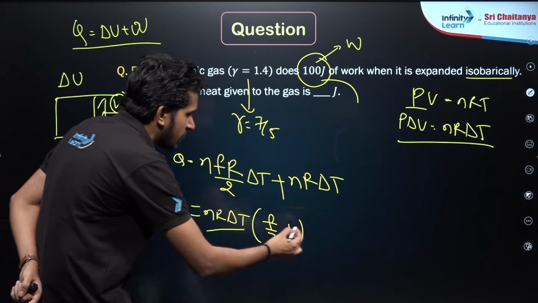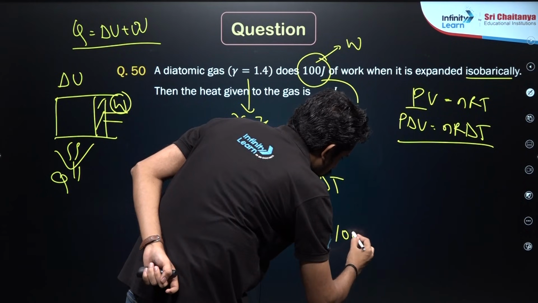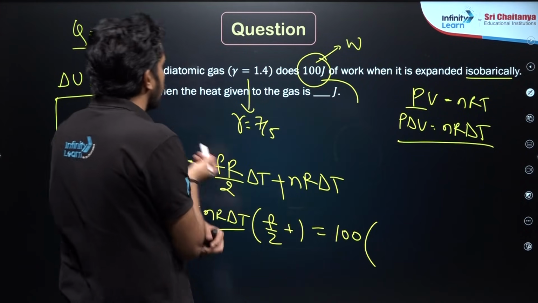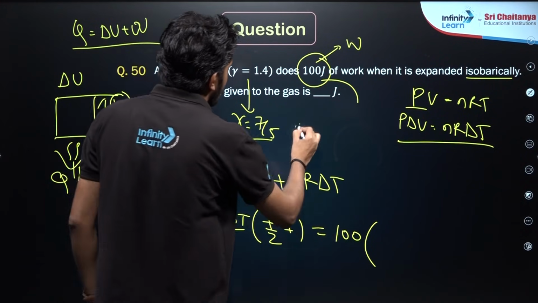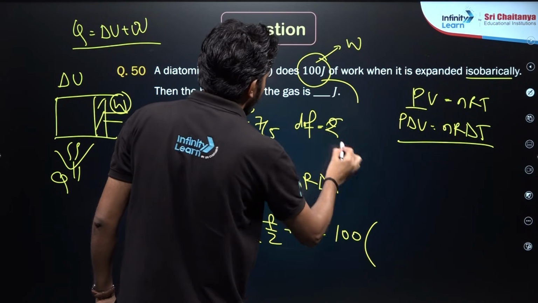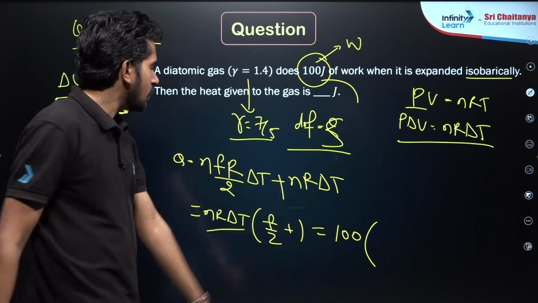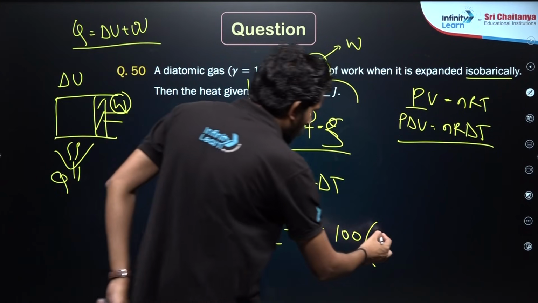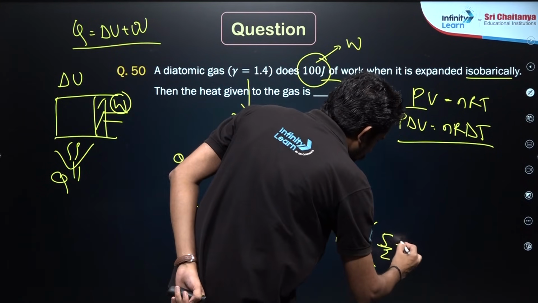So I would write here 100 joules into (f by 2 plus 1). The degree of freedom for a diatomic gas is 5, right?